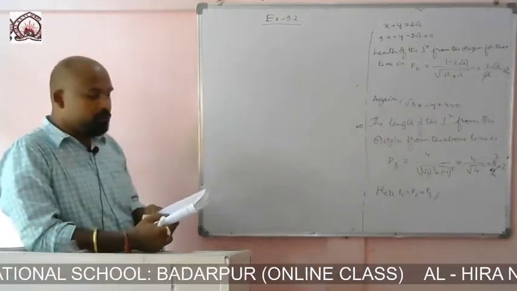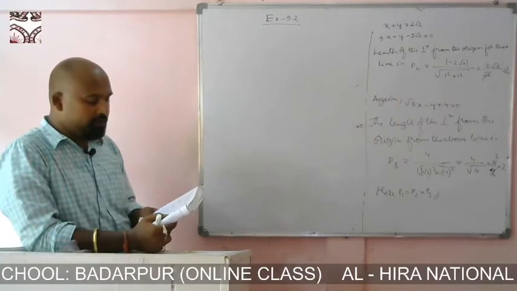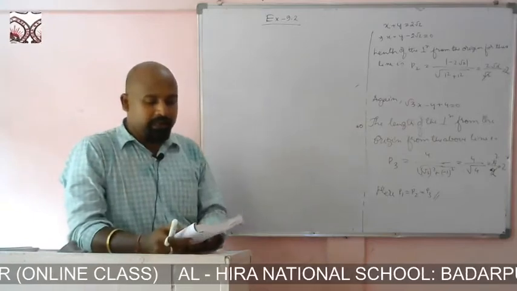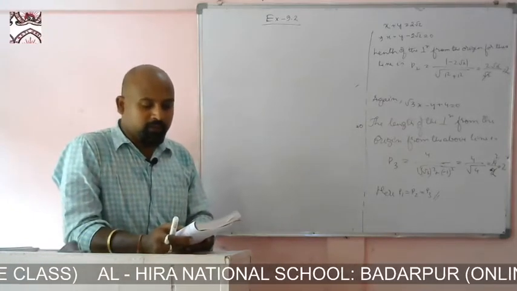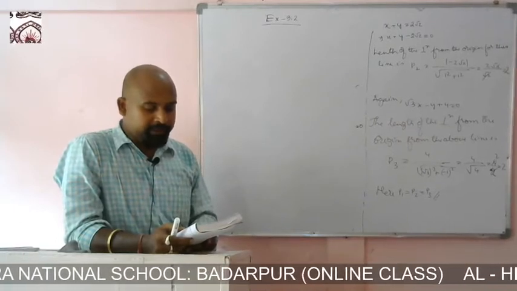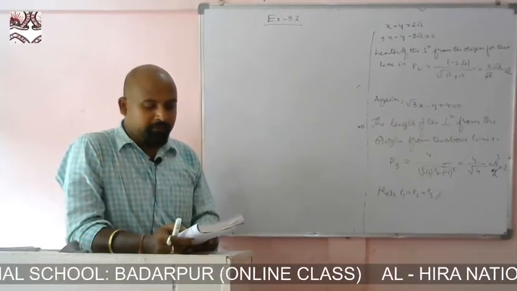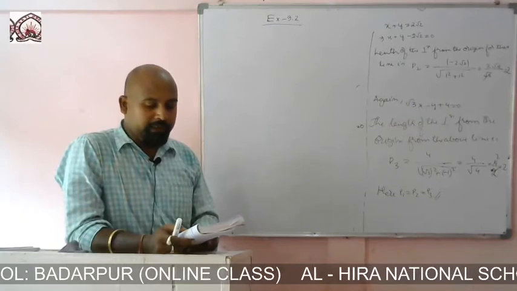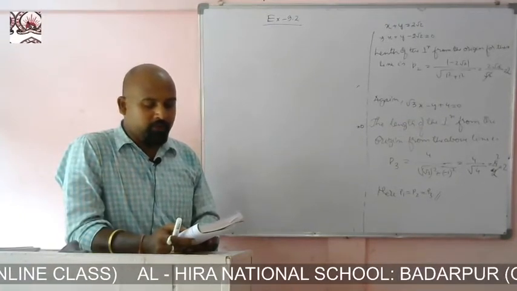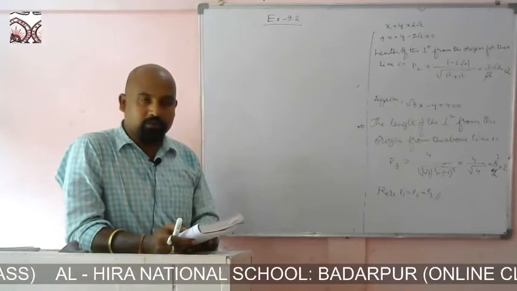Question number 8. A line passes through the point 1, 1, and the portion of the intercept between the axes is divided in the ratio 3:4. Show that the equation of the line is given by 4x plus 3y equal to 7.